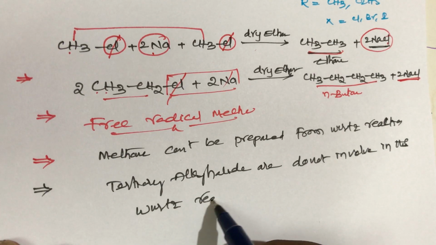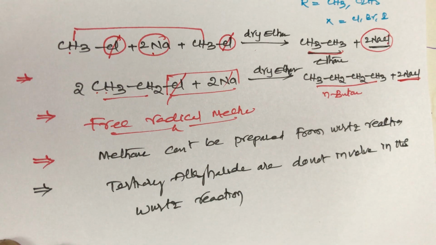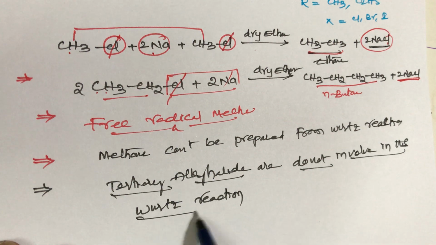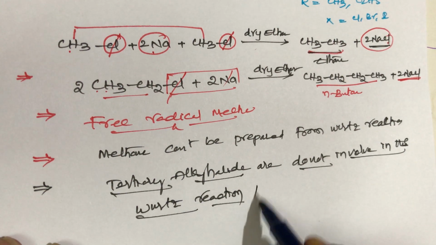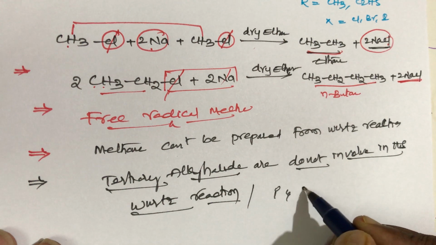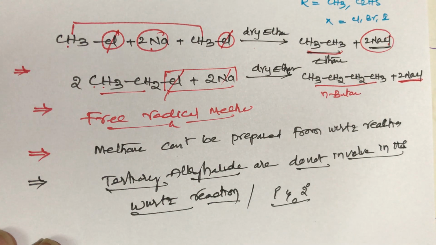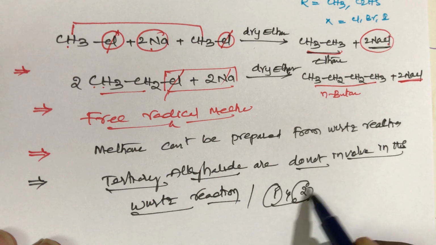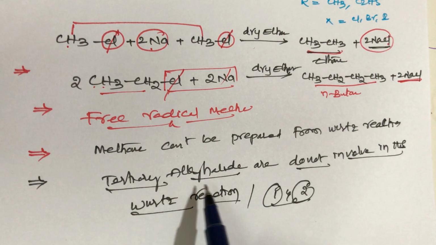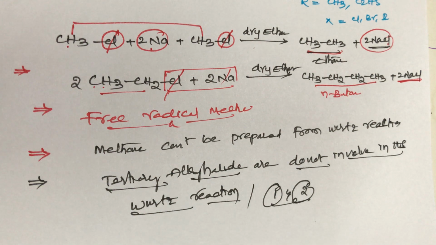It is a very important point. Only primary alkyl halides and secondary alkyl halides are involved in this Wurtz reaction, but tertiary alkyl halides are not involved.